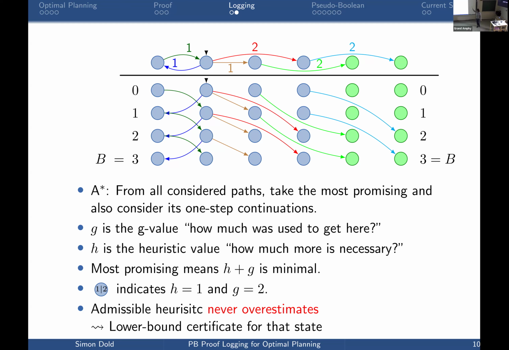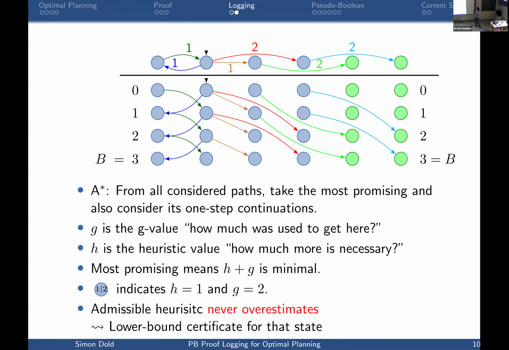In this picture, I'm indicating it with the left number as the H value and the right number as the G value. And an important property for the heuristics is that they never overestimate. Otherwise, the A-star algorithm wouldn't be guaranteed to find the optimal one.